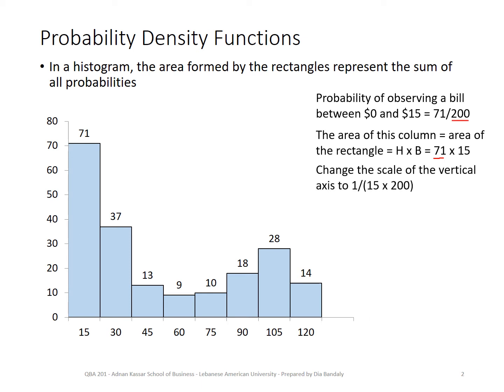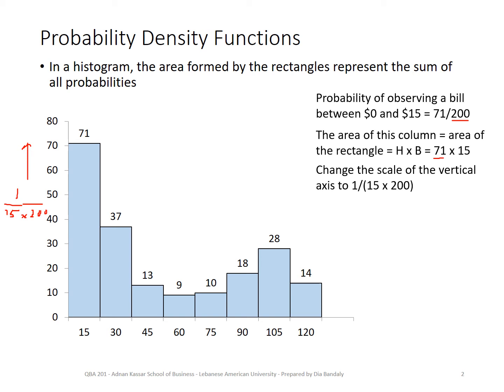All I will do is change the scale of my vertical axis. So instead of being 1 to 1, it's going to be 1 over 15 times 200. And these 15 and 200 are not arbitrary values. 15 is my class width and 200 is the number of observations. You are allowed to do that. We used that before in our classes.